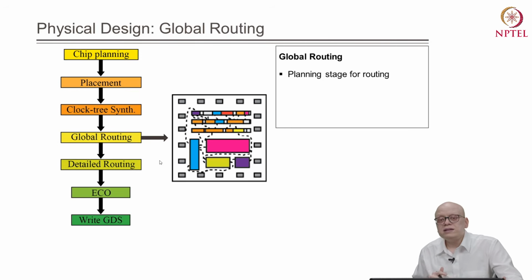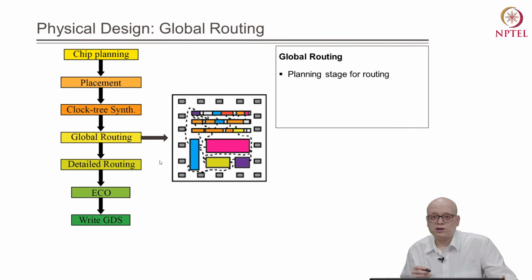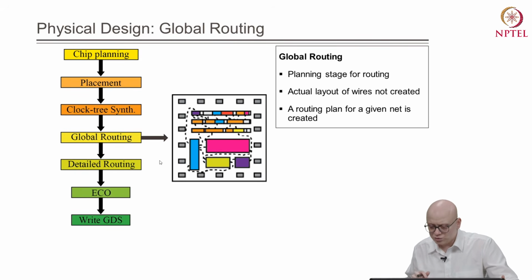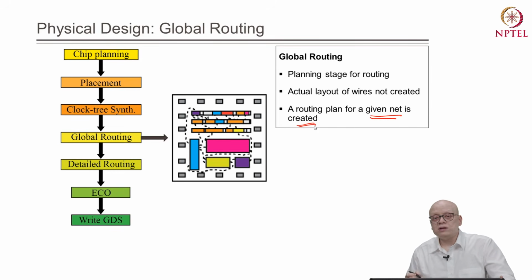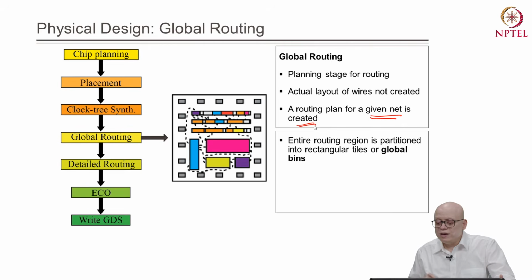So, global routing is basically the planning stage of routing. In this stage we do not create the actual wire layout, we are just creating a routing plan for each net in our design. To create the routing plan, we divide the entire layout into routing regions.